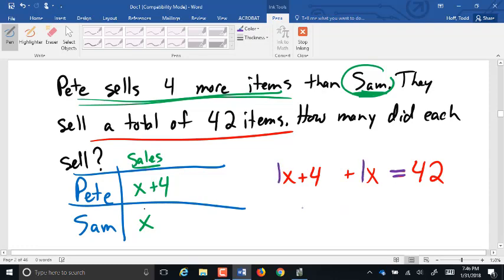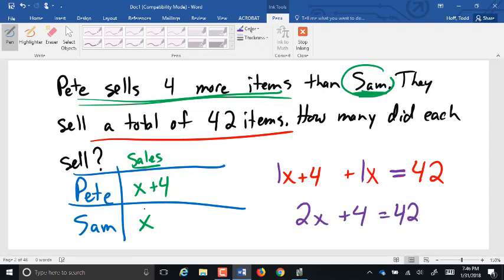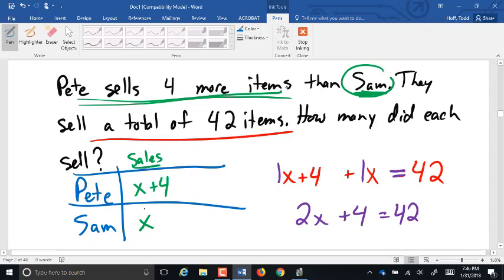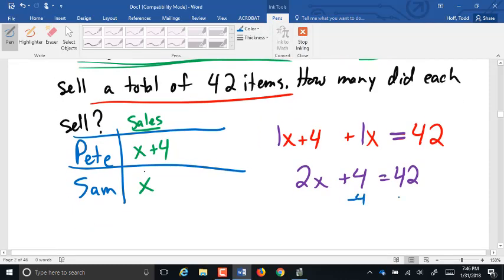Yes, think of it as 1X plus 1X is 2X. Plus 4 equals 42. And then subtract the 4. 2X equals 38.